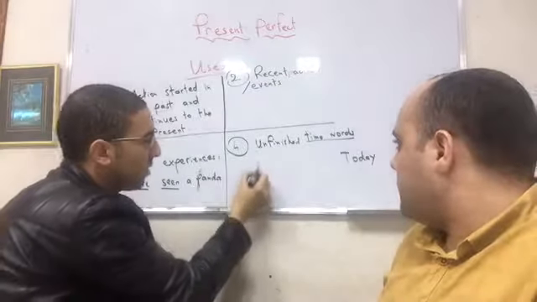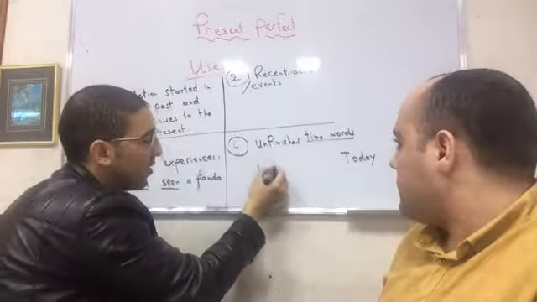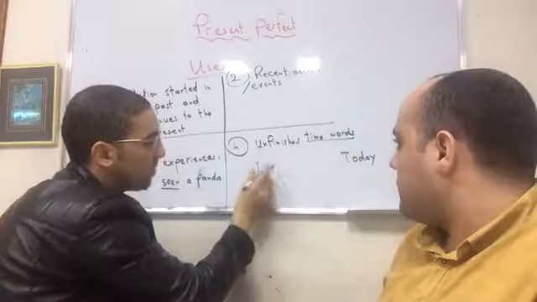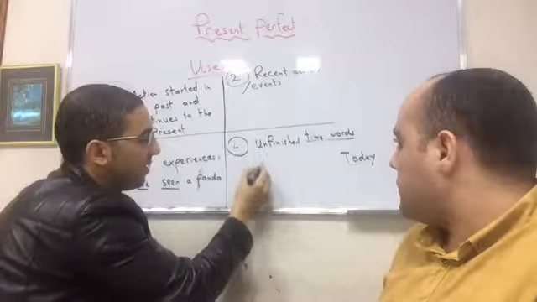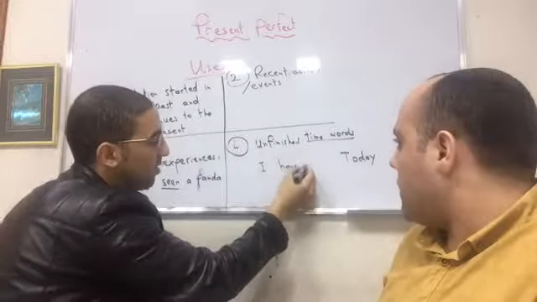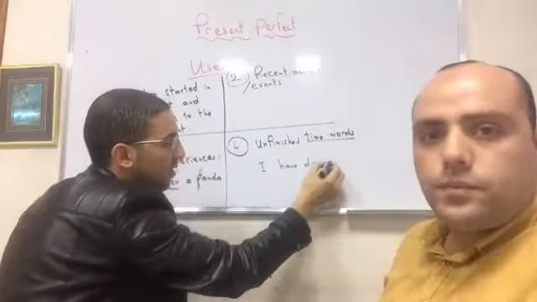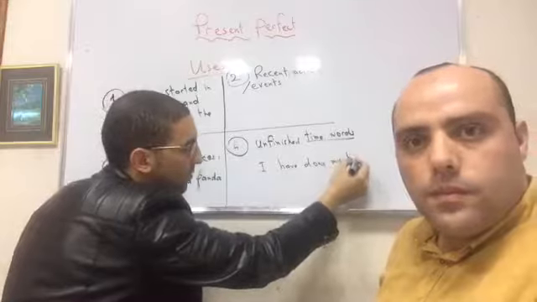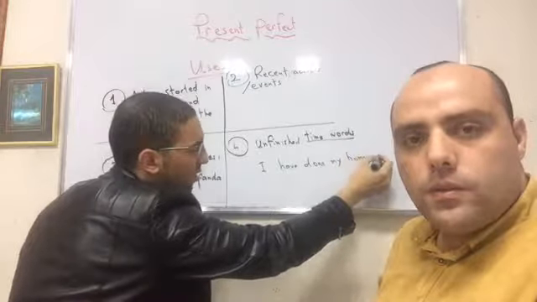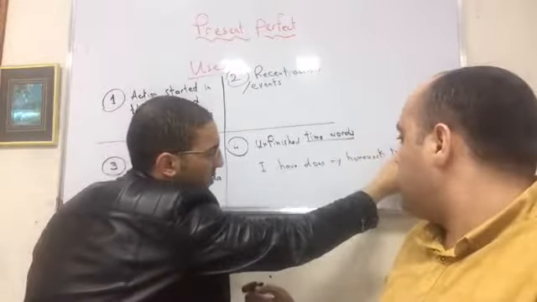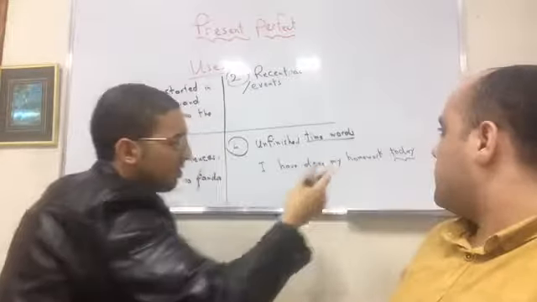So for example, mainly we use it with the present perfect, for example, I have done my homework today. I've done my homework today. This is correct because today isn't finished yet.